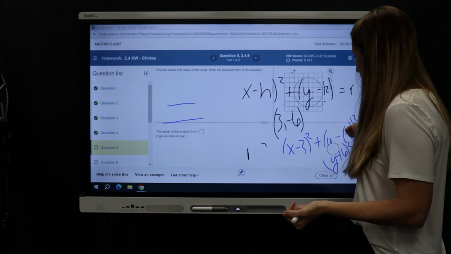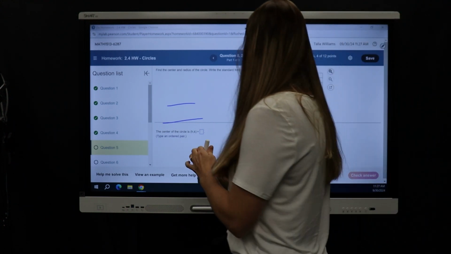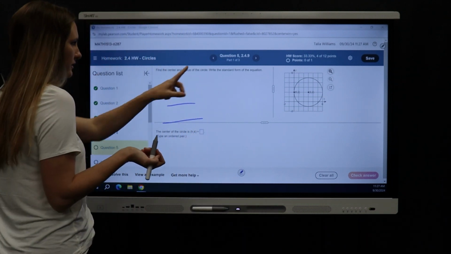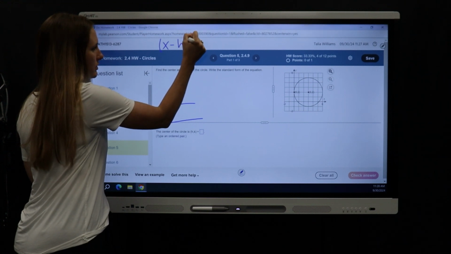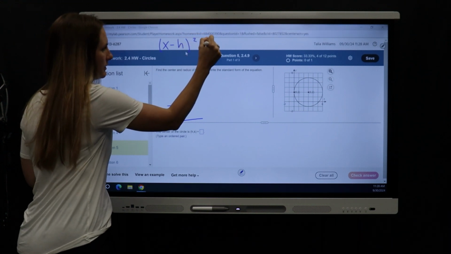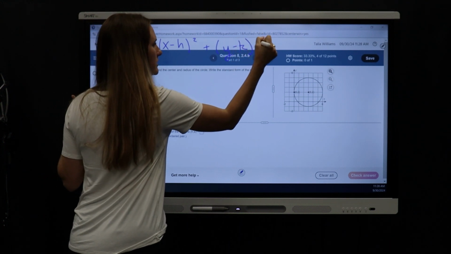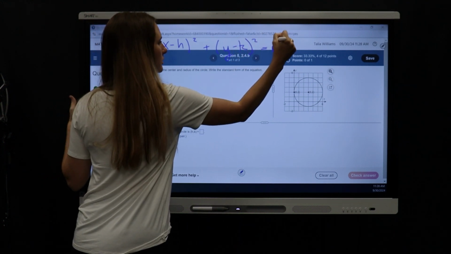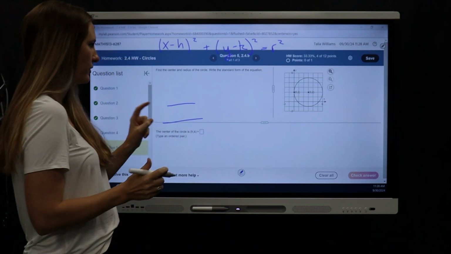All right, let's get this off of here. I'm going to go ahead and write our standard form of an equation up here. X subtract h squared plus y subtract k squared equals r squared. Our circle here, our center is that 3, 2.